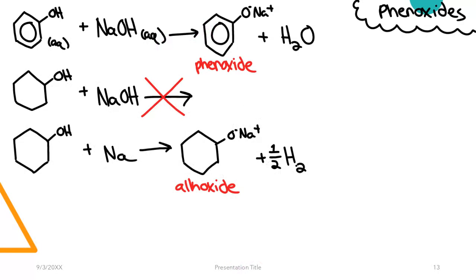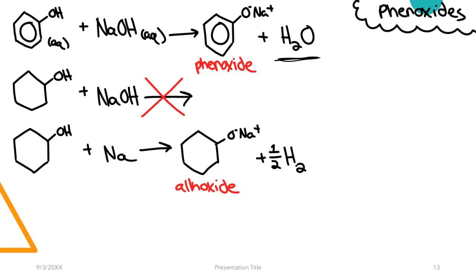Okay, so up here we can talk about phenoxides, which are similar to alkoxides, but do not get them mixed up. So how to make a phenoxide: you take phenol and react it with a strong base, so sodium hydroxide, and from there you can replace that hydrogen with the sodium, and you can also form water. Okay, and that reaction does not happen with alcohols.